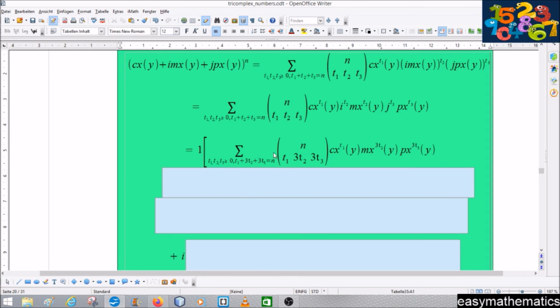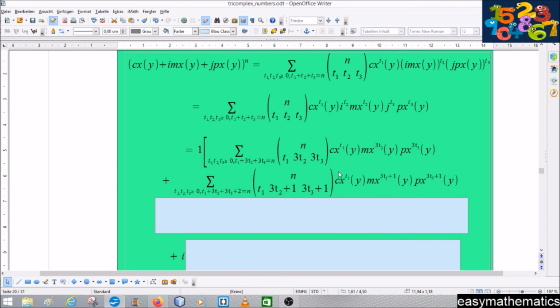Alright, this is our first case. We get 1 if i stays i and j stays j, because i times j is 1. So this means both exponents leave remainder 1 by division by 3.